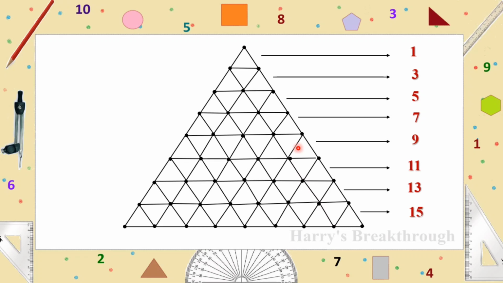Now you can add these numbers to get the total number of small triangles. Add these consecutive odd numbers from 1 to 15.